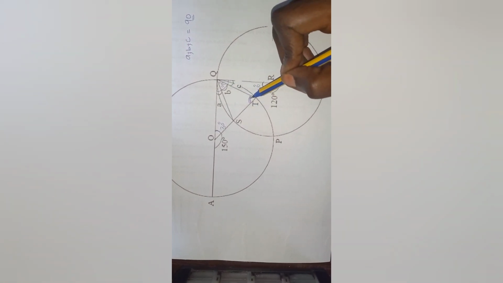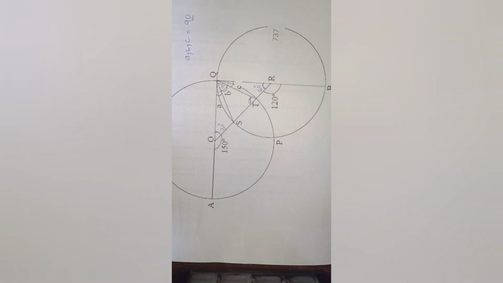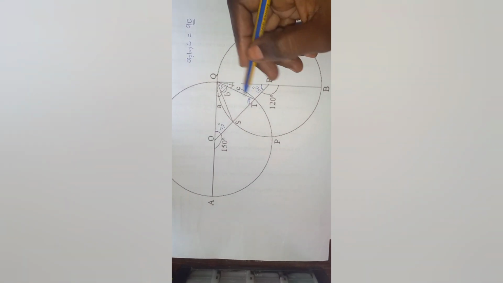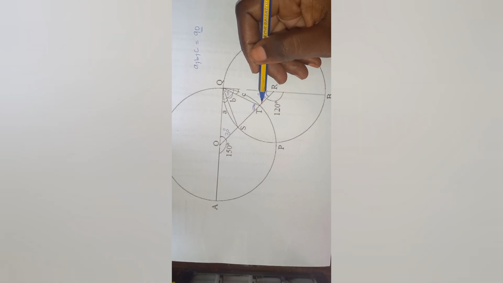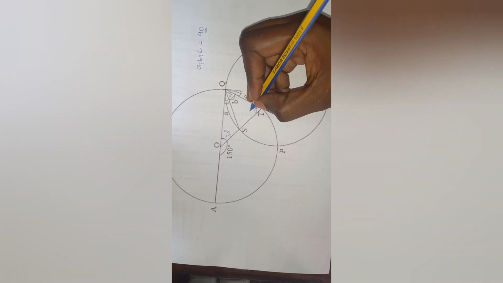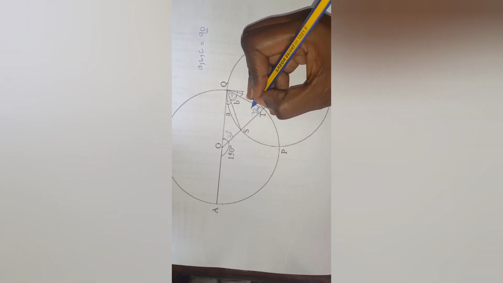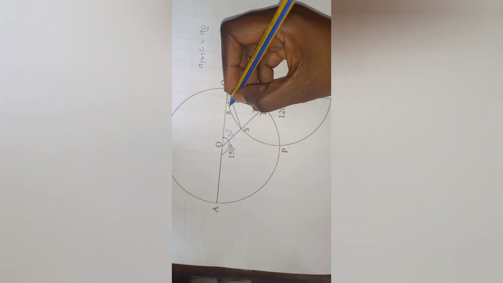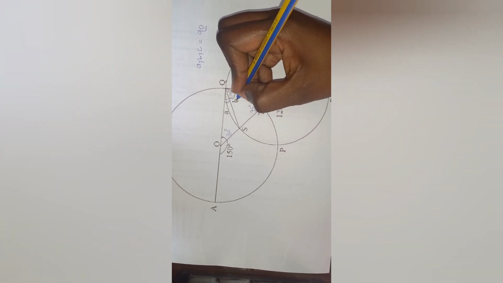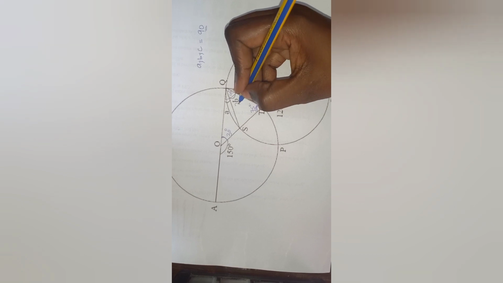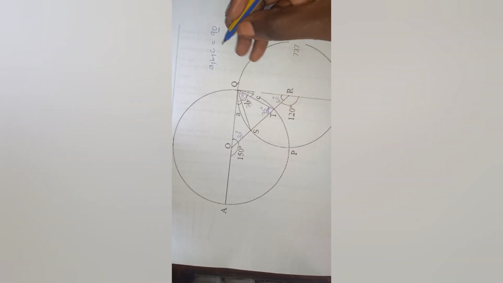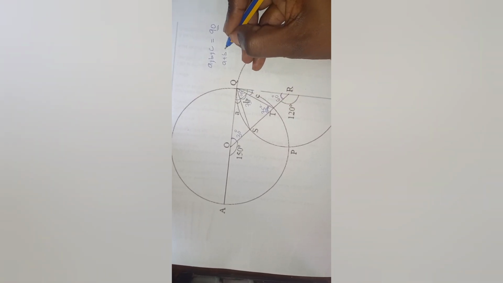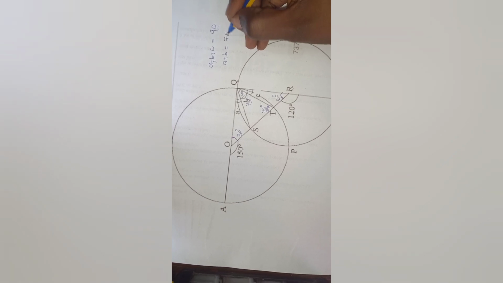So to get one, we divide it by 2, because base angles of an isosceles triangle are equal. So here you'll have 75 degrees. This angle will be 75 degrees, and A plus B will also be 75 degrees. So A plus B is equal to 75 degrees.